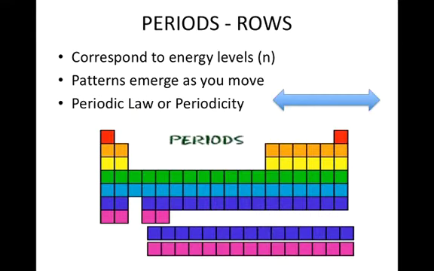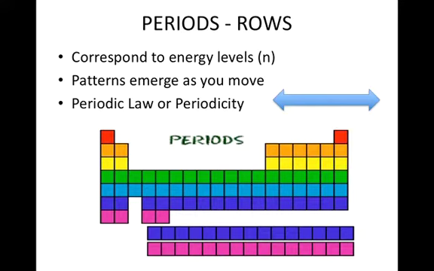Now, a period, just like the period comes at the end of a sentence, which is written horizontally, you would call it a row, but you already know that it corresponds to the energy levels. You see on Miss Freeman's periodic table that it's represented by the letter N. And just like we notice patterns that begin to emerge in groups, we see the same trends emerging in periods or rows as we move from left to right of the periodic table.